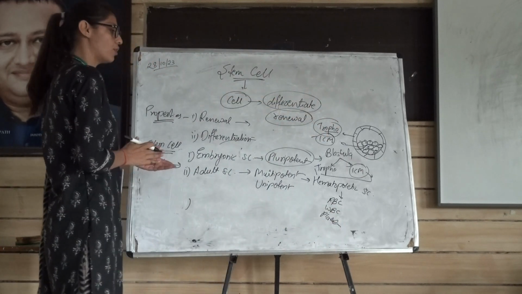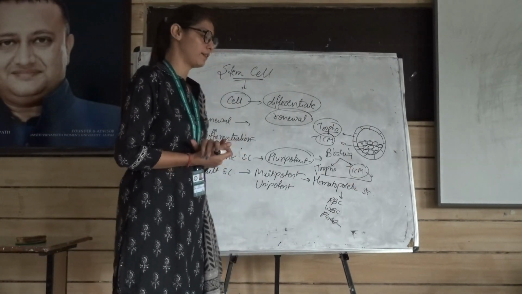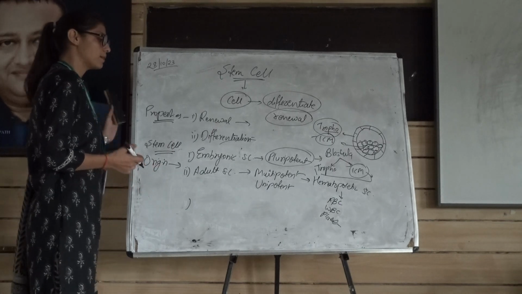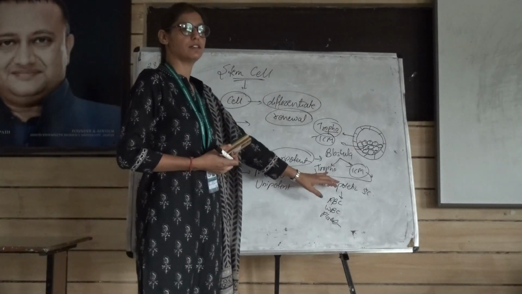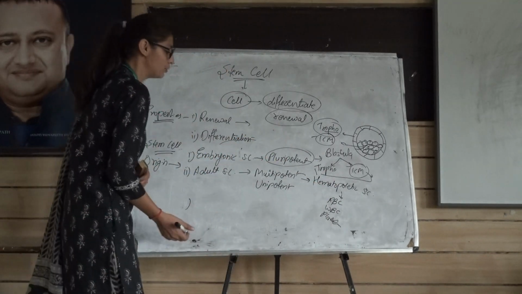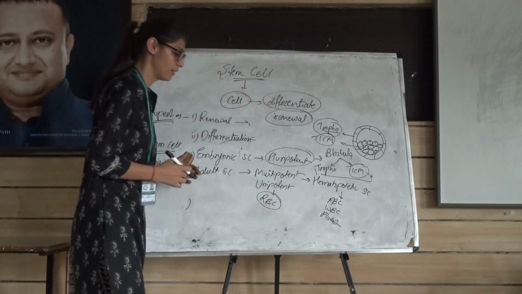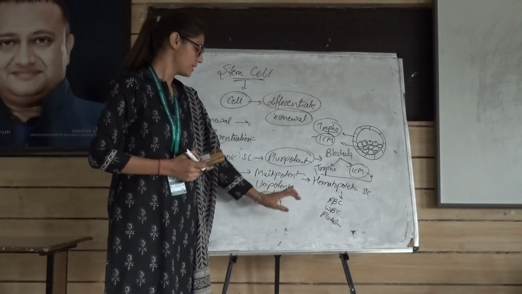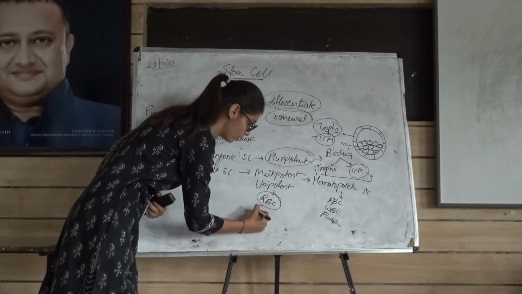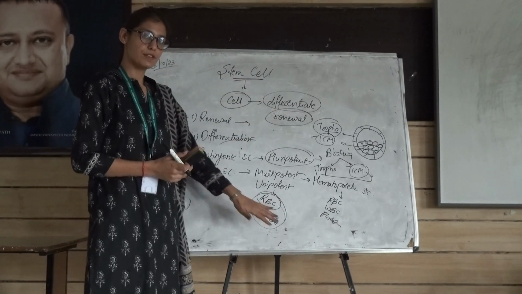That is why we say hematopoietic stem cell. Other multipotent stem cells are like mesenchymal cells, etc. In case of unipotent, RBC can form new RBC, while we can form gametes, because these cells can only produce a single type of cell, right?